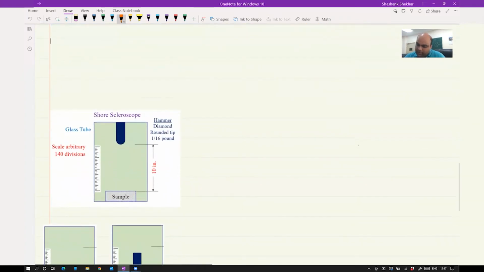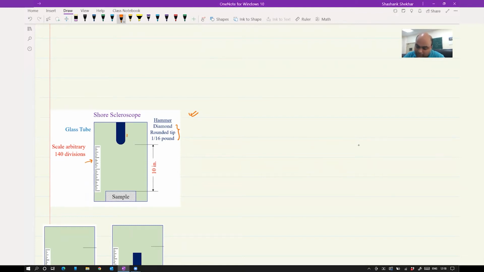So if you see here, I have a schematic. This is how you measure the rebound hardness. You have a hammer, which typically has, say, a diamond rounded tip. Okay, and there is a glass tube here, and then you have a scale here.